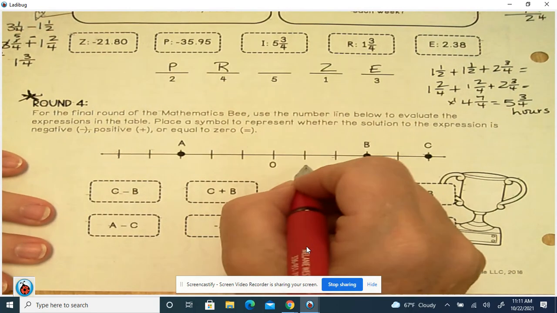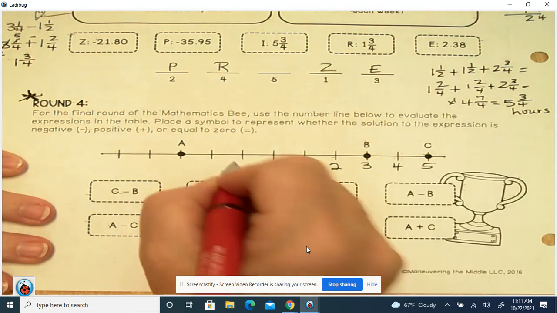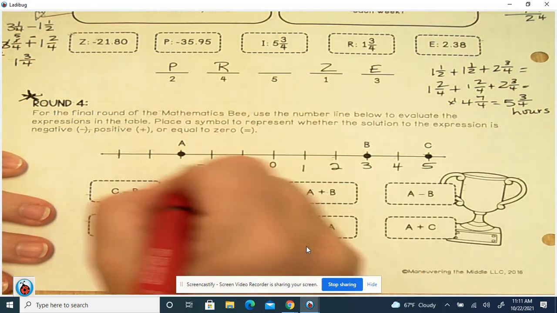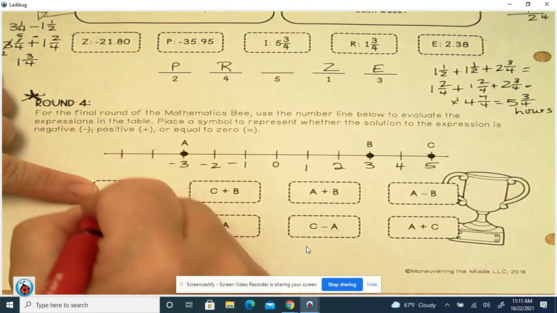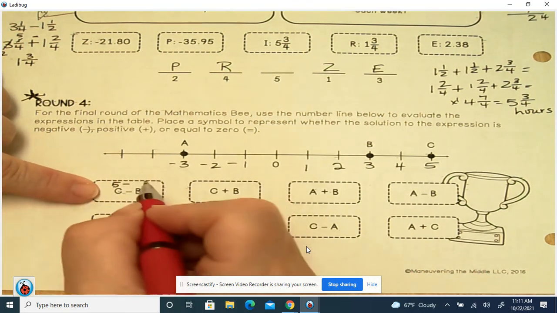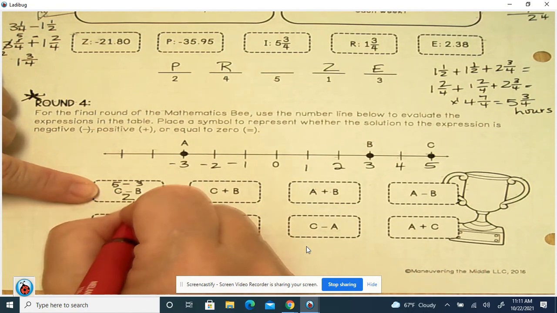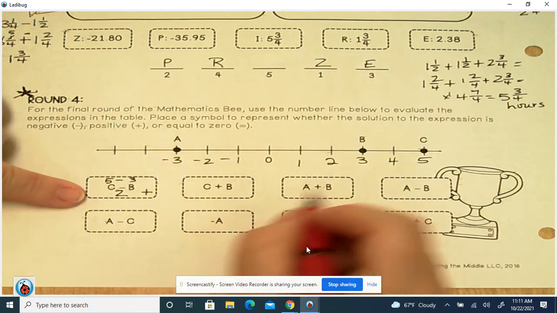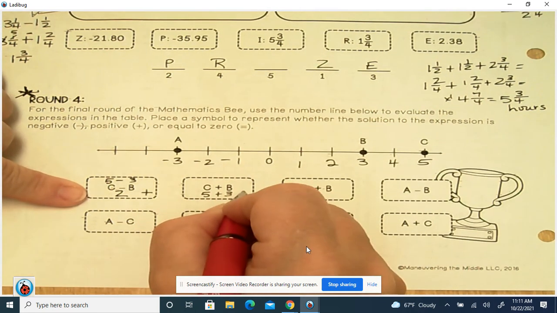So let's number these. We've got 1, 2, 3, 4, and 5, -1, -2, -3. So C is 5 minus B, which is 3. That answers 2. So it's going to be positive. C is 5 plus B is 8.